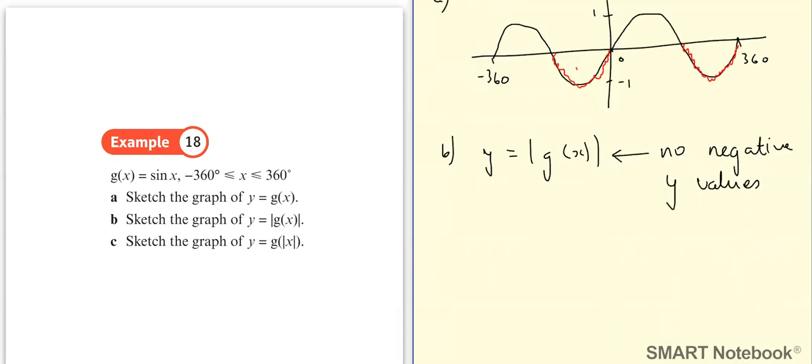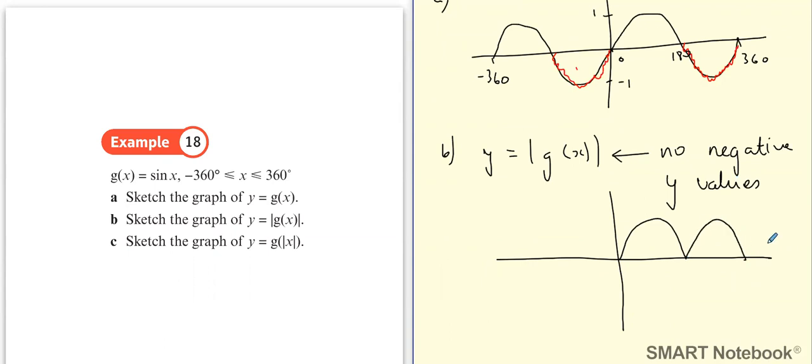So now when I sketch this, the bits that were positive remain positive, but the bits that had negative y values also turn positive. So that is the positive side. Now here is the negative side.